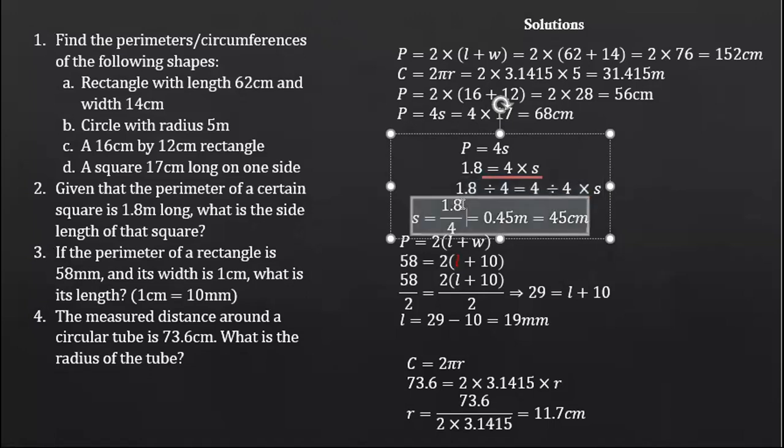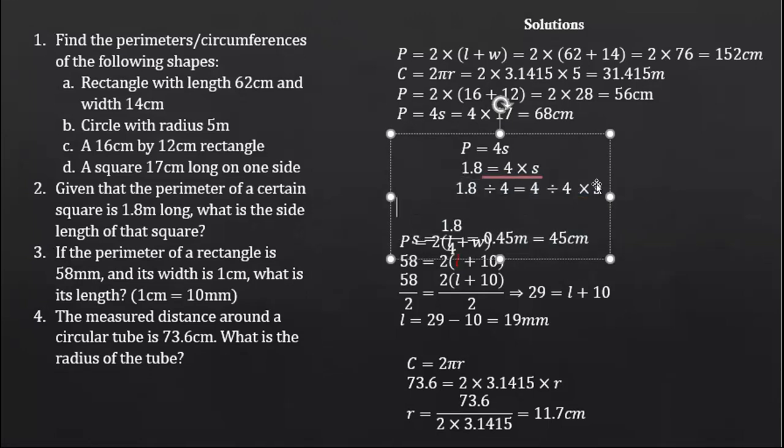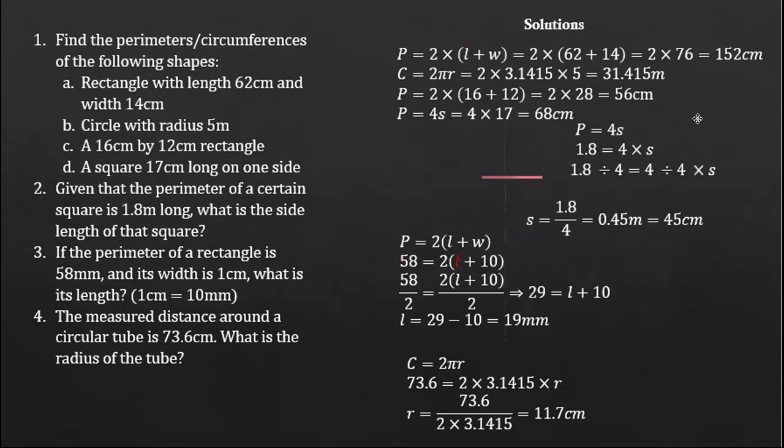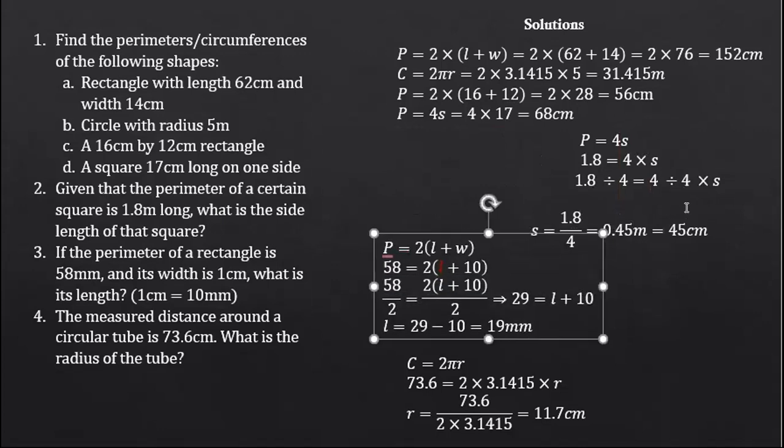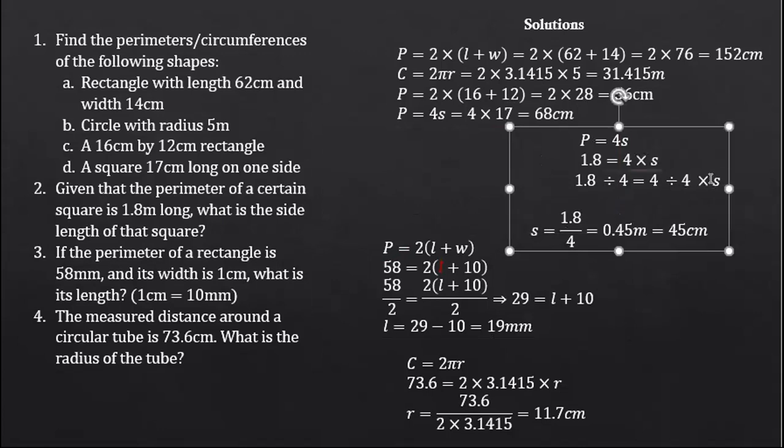And that is how we end up with, now when we divide 1.8 divided by 4, this is the figure that we got here, all right? Because 4 divided by 4 is equal, so let me just work this out so that you'll see how it works out.